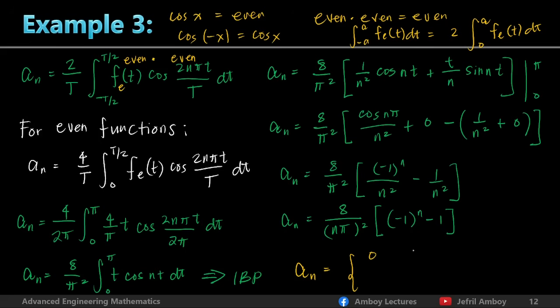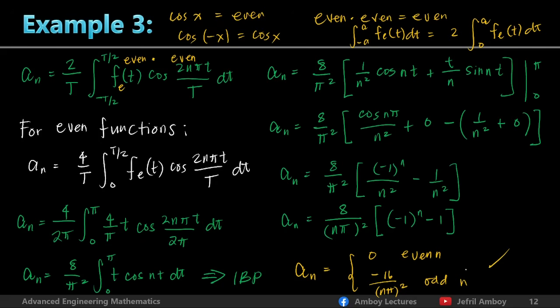Now, how about if n is odd? If n is odd, this becomes negative 2, right? Because this is negative 1 minus 1. That's negative 2. Negative 2 times 8, that gives us negative 16. So, negative 16 over n pi squared for odd values of n.